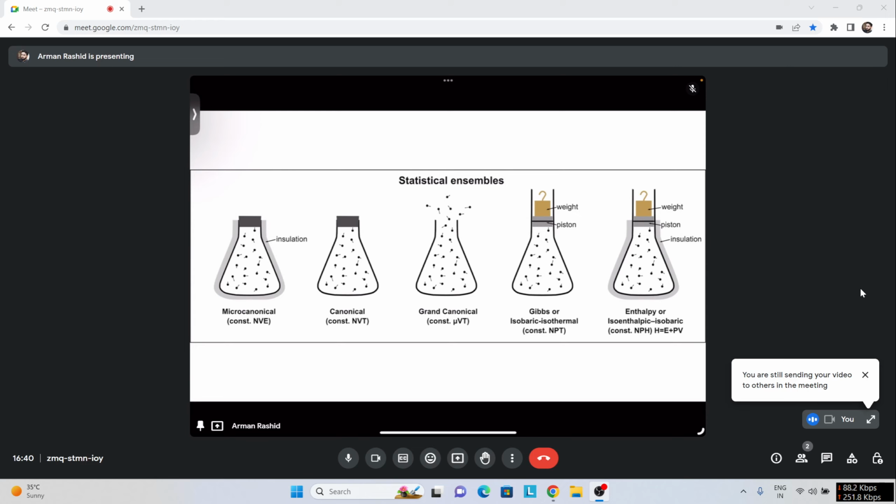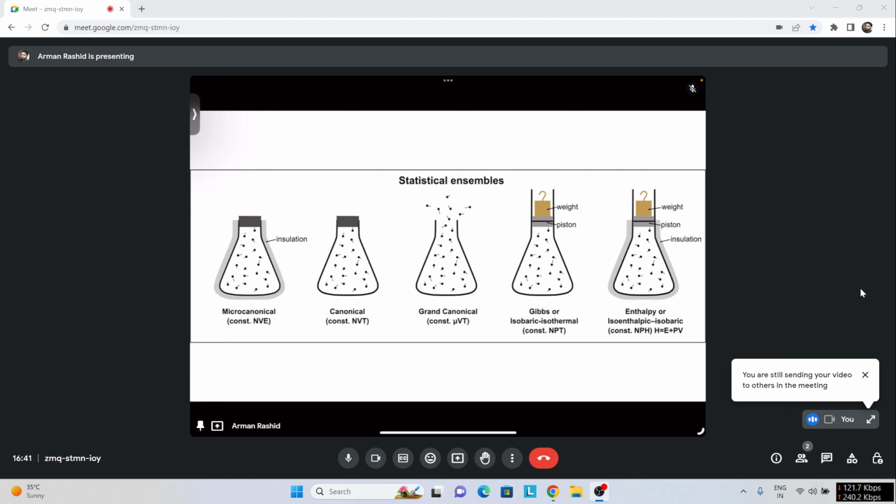This is a microcanonical ensemble. However, if we remove the insulation, we can create a canonical ensemble, which has the same number of particles and constant volume, but the temperature is constant. Here the energy is not constant because it is able to interact with the outside surroundings.